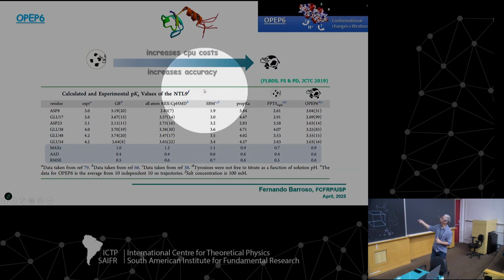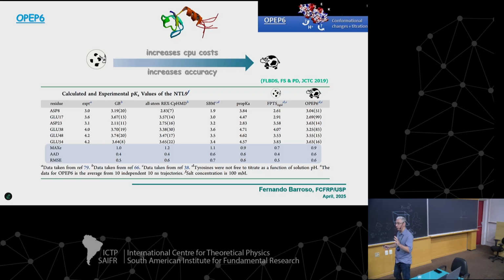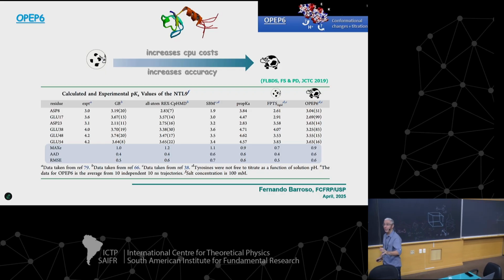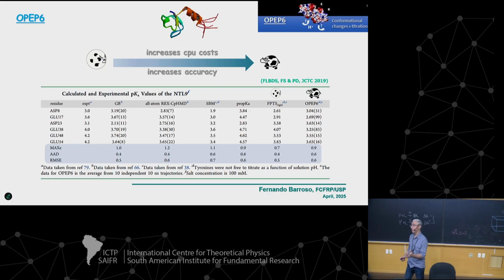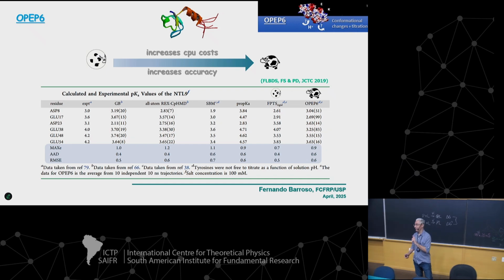Look at the comparison here with this one. OPEP6, of course, is better than these, but for this protein at least, we are not so much better than FPTS. So this is something to keep in mind, that we always have a tendency to try to put all the details in the model. It does not mean that you are going to improve the results. Sometimes simpler is better.